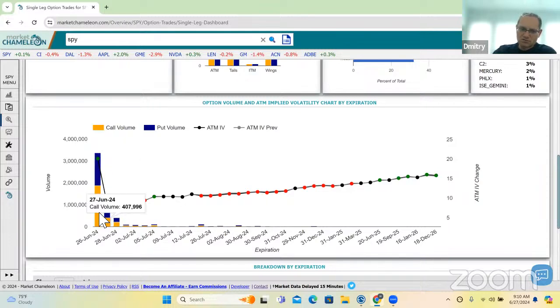So what stands out is that the 0 DTs were the majority of the volume yesterday, June 26th expiration that expired yesterday. We're not open yet today. And then you could see that the volume drops off drastically as you move further out. Even the June 27th expiration that I'm hovering over, you could see is much less volume than those 0 DTs.